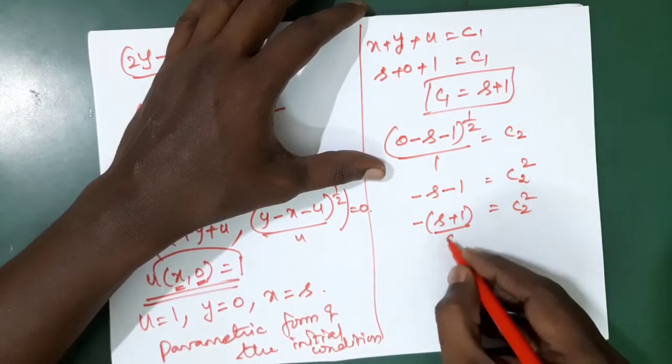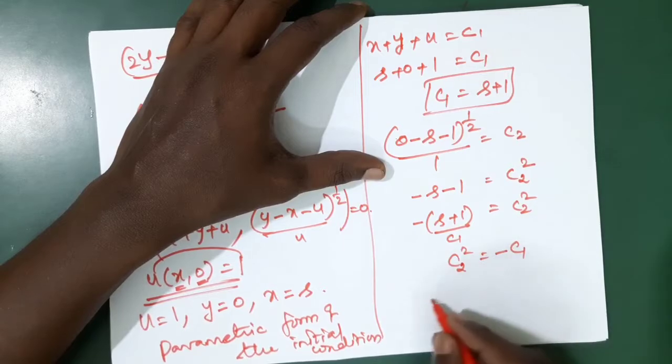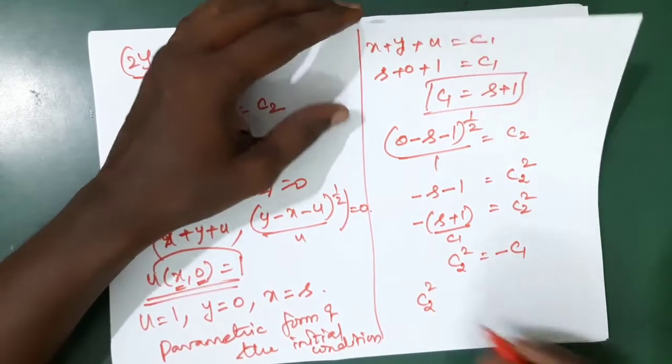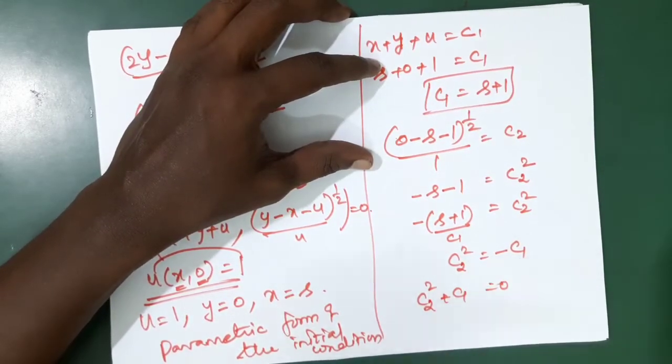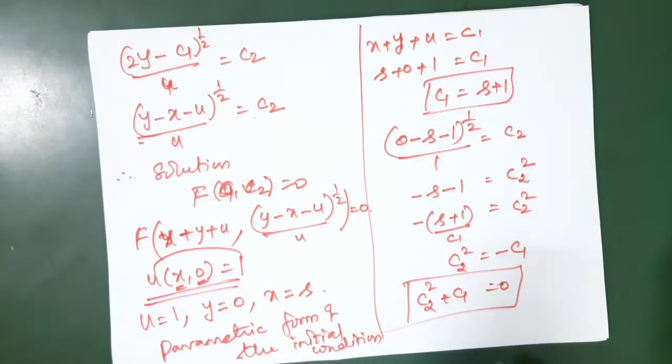So this is nothing but C1. So C2 square is equal to minus C1, or C2 square plus C1 is equal to 0. This is the relation. So if you substitute the values of C1 and C2, we can get the solution.